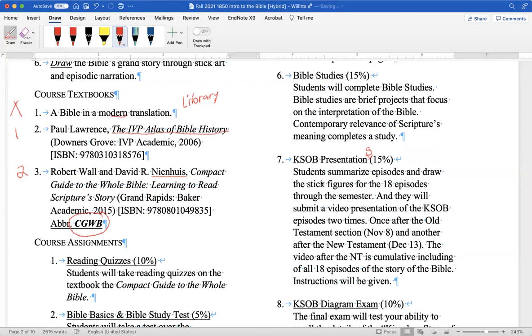Now, what are these? Students will summarize episodes and draw stick figures for the 18 episodes through the semester. So we will cover an episode. Again, first episode we're covering is creation and human divine kingship over the earth. There is a description and there is a piece of artwork, stick artwork.